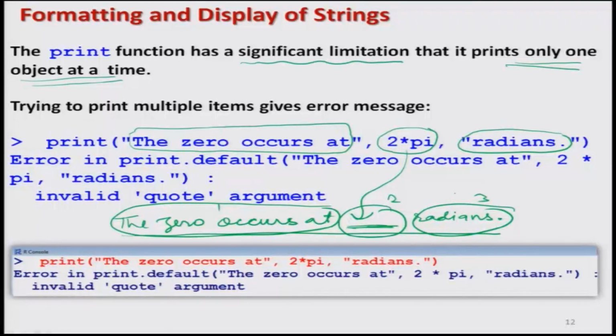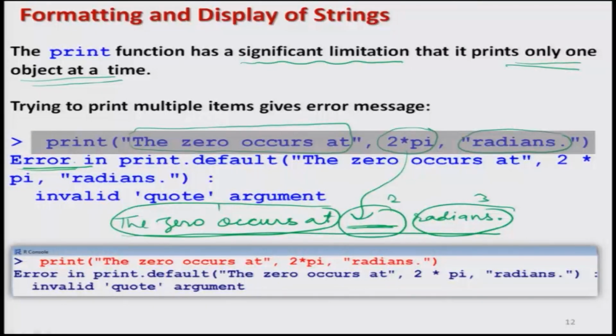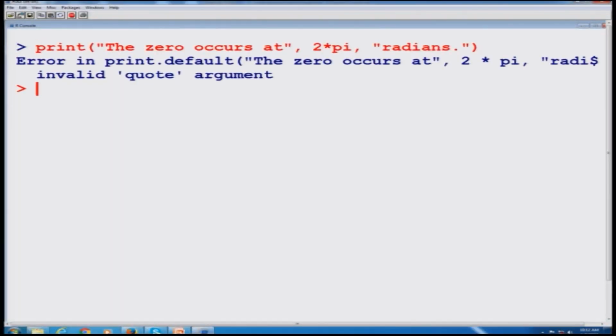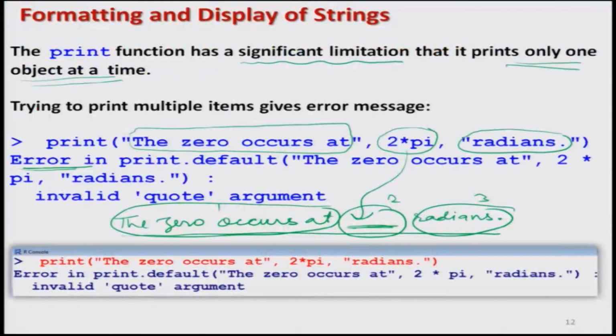But now if you try to do so, you get an error. Let us see what happens. You get an error, that there is something wrong. So, that means print is not working when we want to print more than one object at the same time.